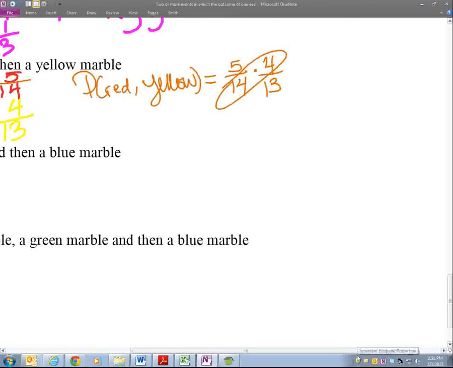I like to do smaller numbers, so I divided by 2. So I'm going to take 5 over 7 times 2 over 13. 10 over 91. There's the answer. You cannot reduce it. You're not going to find anything to go into 91.